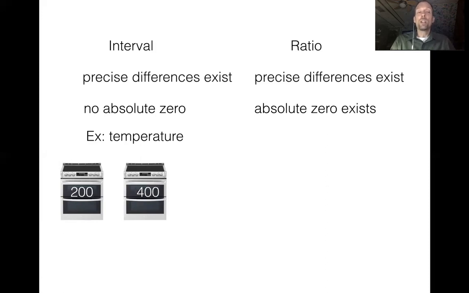Now, something really neat that comes up when we're working with temperature: if one oven is 400 degrees and the other oven is 200 degrees, can we say the oven on the right is twice as hot as the oven on the left? It's a deceiving question. We'd like to say 400 is twice as big as 200, so of course we can, but that's wrong.